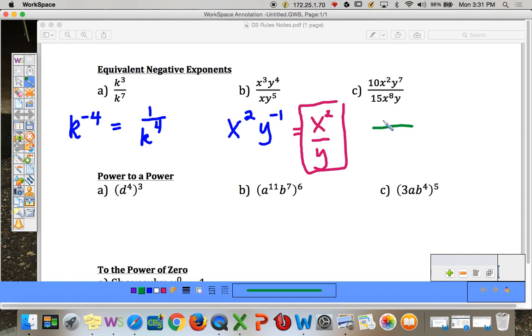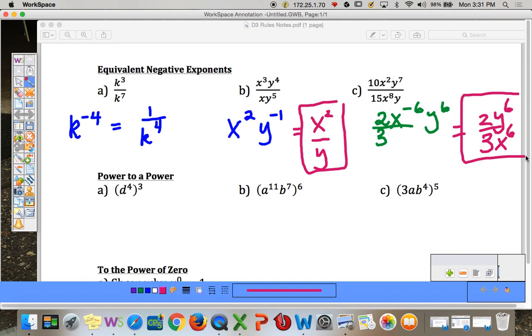I think we did this one before where we divide, and we have 2 over 3 when we divide each of those by 5. And then we have x to the negative 6, y to the 6th. There's 6 x's on the bottom when we cancel, so here flip the x to the 6th to the bottom, and this is y to the 6th.